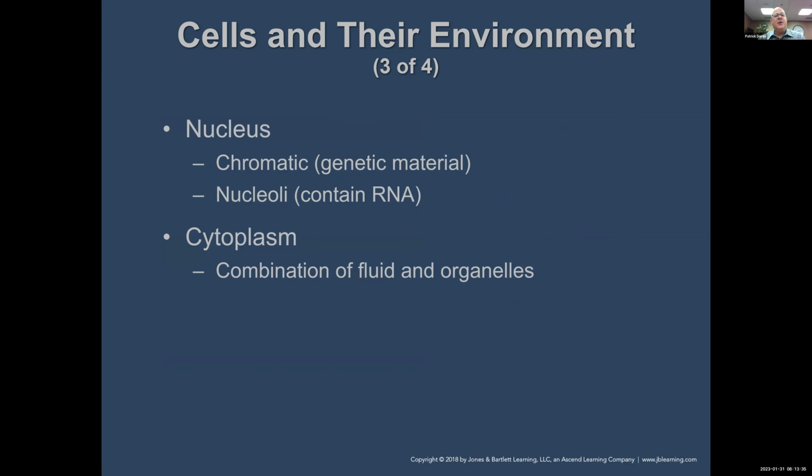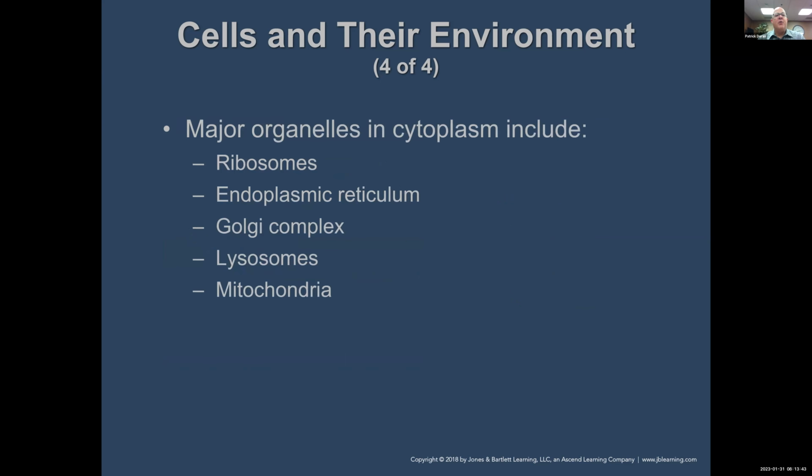And the chromatin houses the genetic material. And then the fluid that has the organelles is the cytoplasm. So again, I talked through a few of them, but we got ribosomes, Golgi complexes, lysosomes, and mitochondria. And those are all the internal organelles in the cytoplasm.